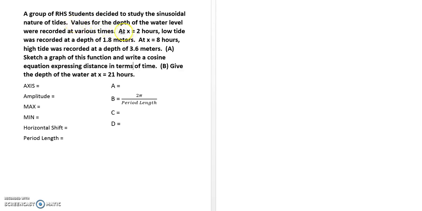At x equals 2 hours, low tide was recorded at 1.8 meters, so that means our minimum is 1.8. And at x equals 8 hours, high tide was recorded at 3.6, so that means our maximum is 3.6 meters.